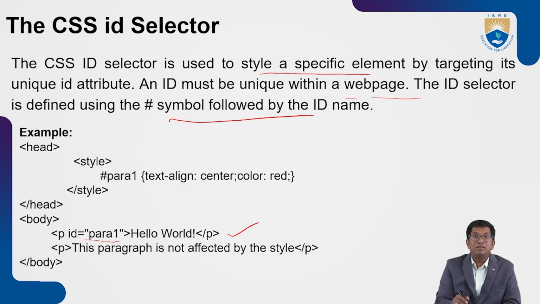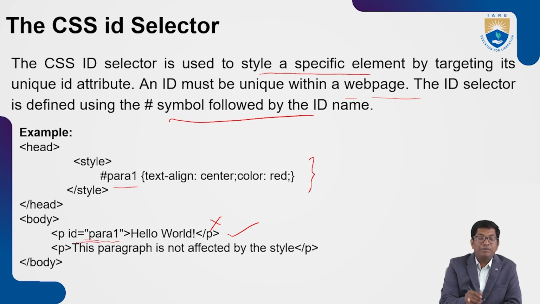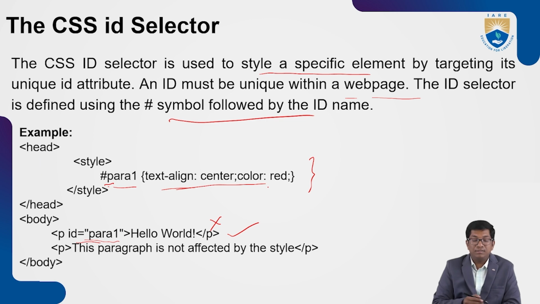Here, in the internal style sheet, we are giving properties for this para1. So you have to start with hash para1, and you give the declaration: property name text-align colon center, and color is red.